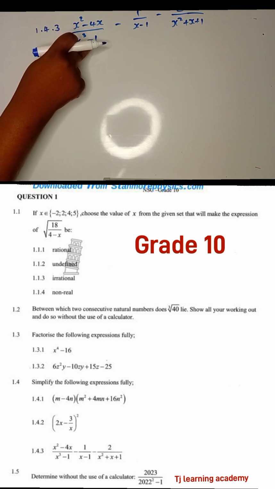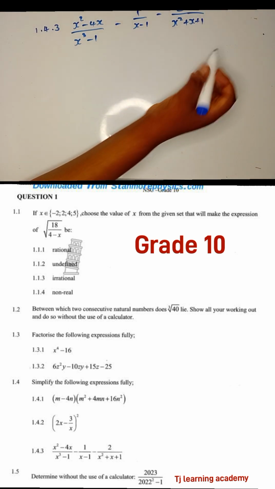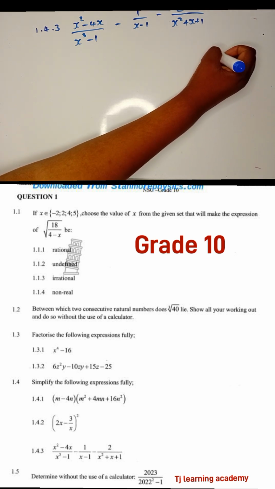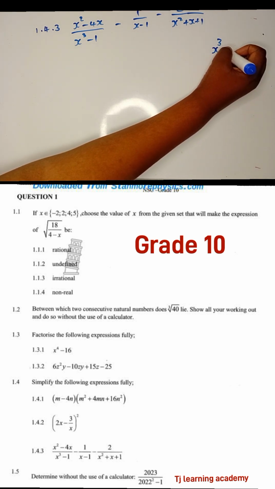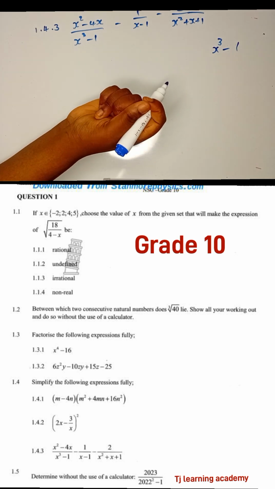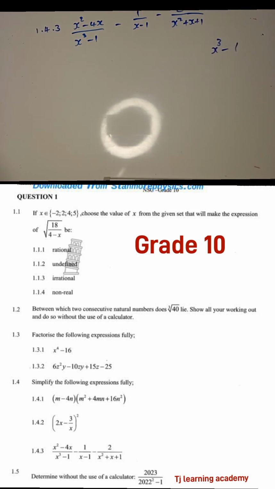Let me start by factorizing this here, x cubed minus 1. When we factorize a cube, we need to look for the number to the exponent of 3 that's going to give me 1.